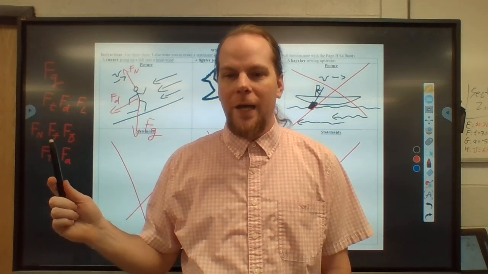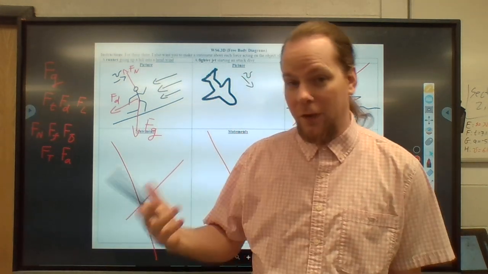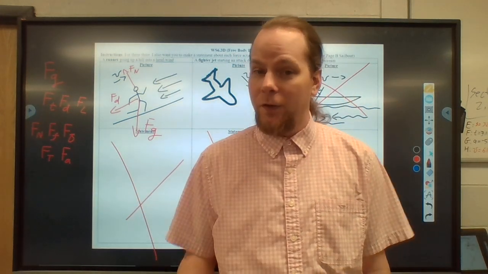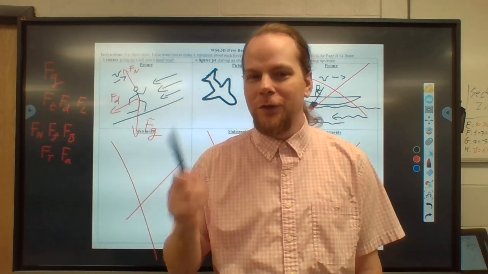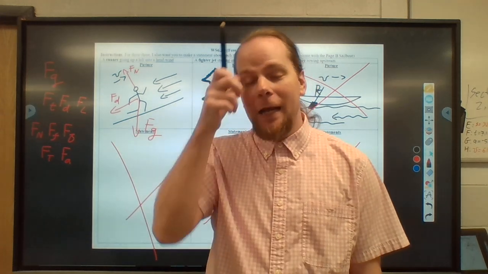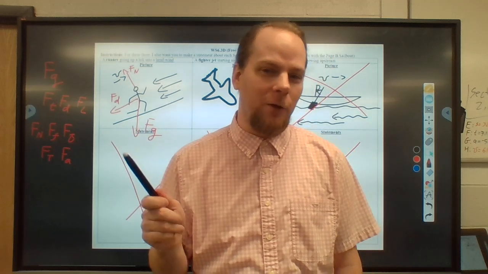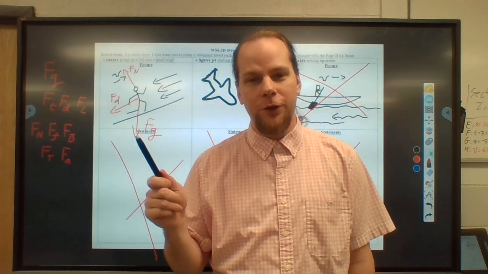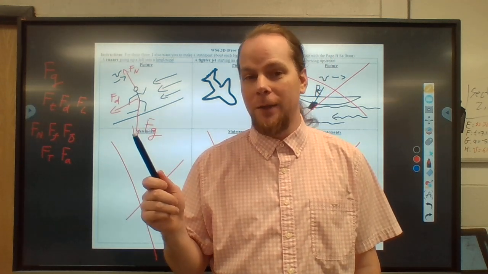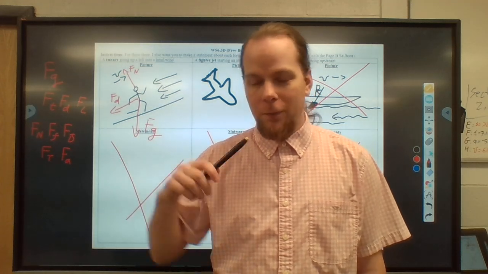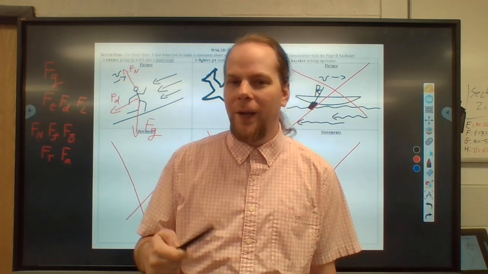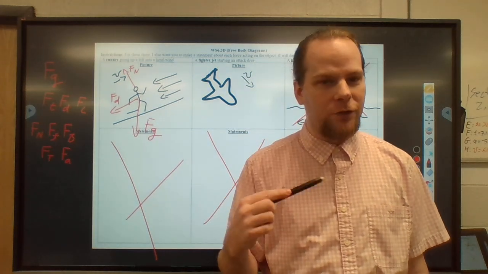Then we have friction. Is he in contact with the ground? Yes. So there has to be a frictional force here. The friction's a little tricky. If he was standing still on this hill, friction would definitely be up the hill. But he's running, so it's more dependent on what direction he is actually going.